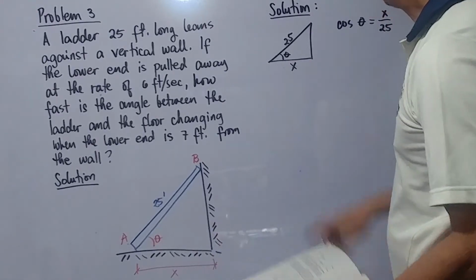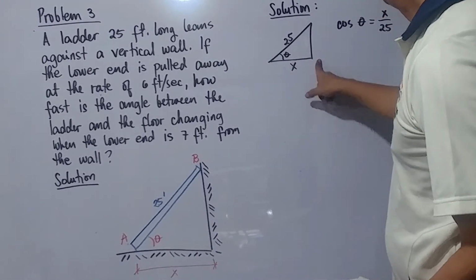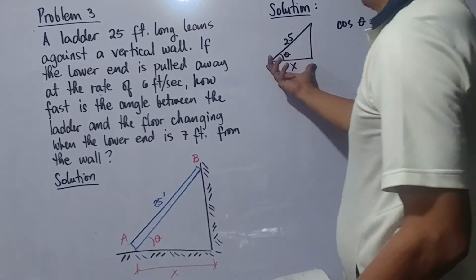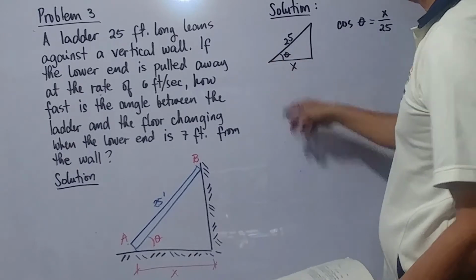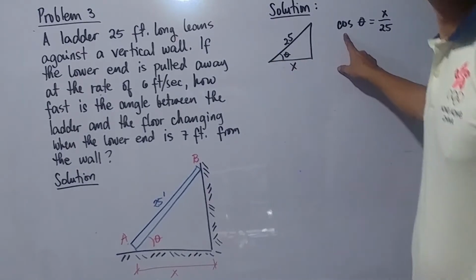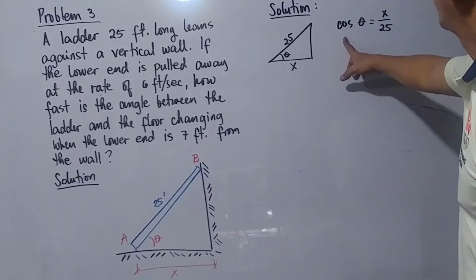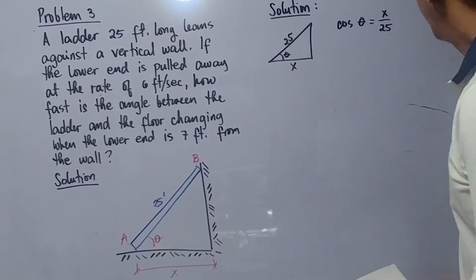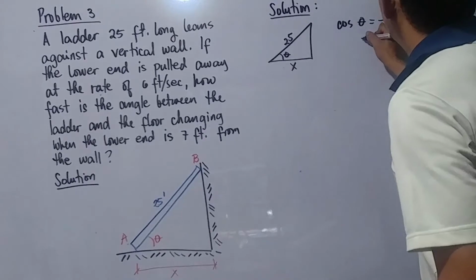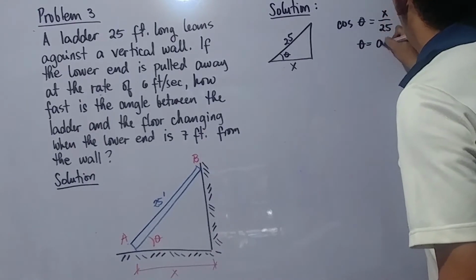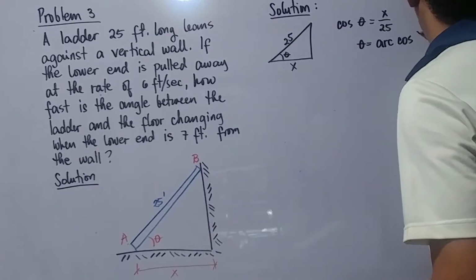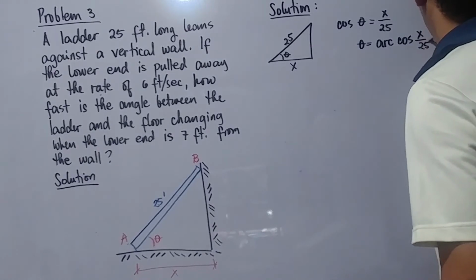So as you notice, we can form now a right triangle with a hypotenuse of 25 and the adjacent side is x. So we can use the cosine function. So from cosine, we have x over 25. Therefore, our theta now is arc cosine x over 25.